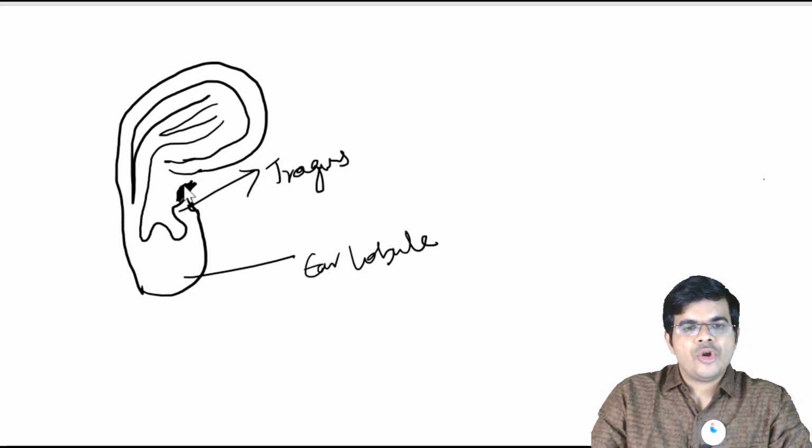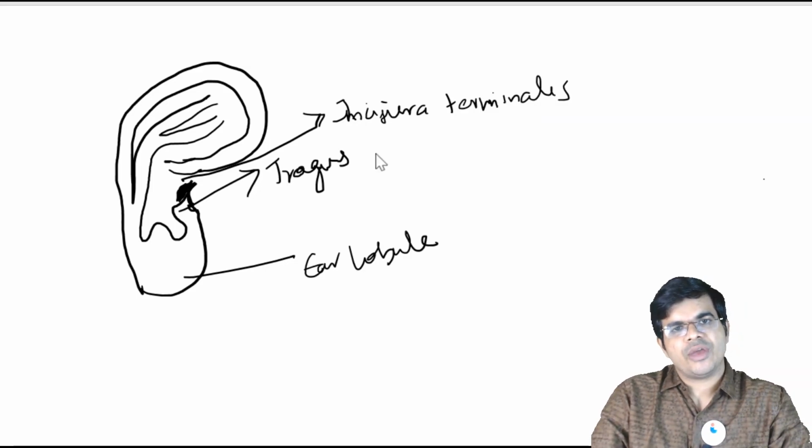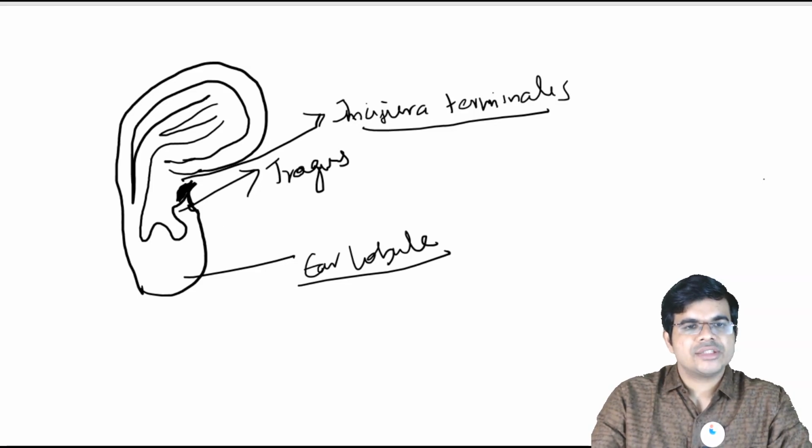Now, ear lobule and incisura terminalis are the two areas in the pinna where there is no cartilage. Okay, in the incisura terminalis as well as in ear lobule there is no cartilage. So what is the significance?